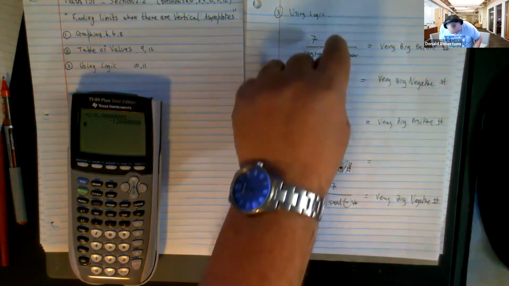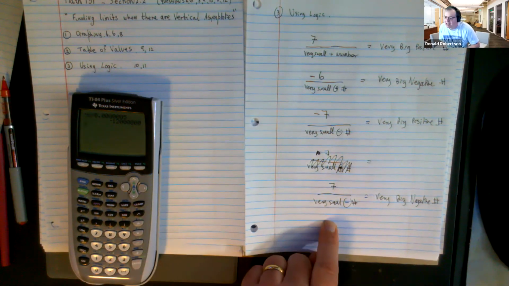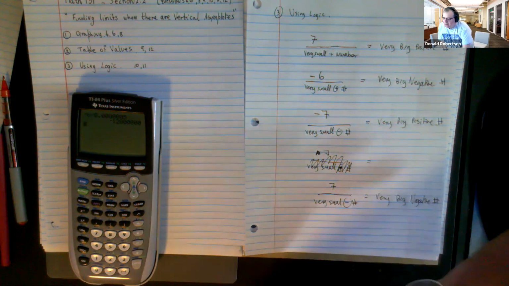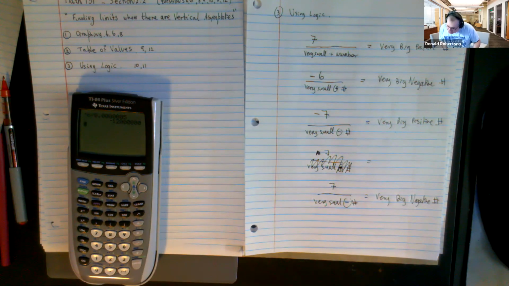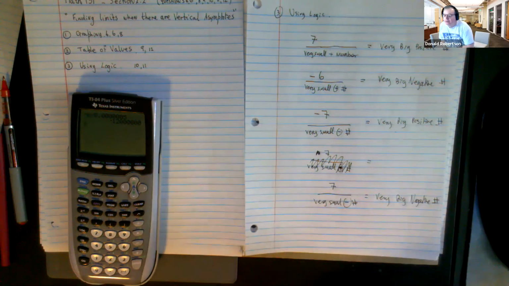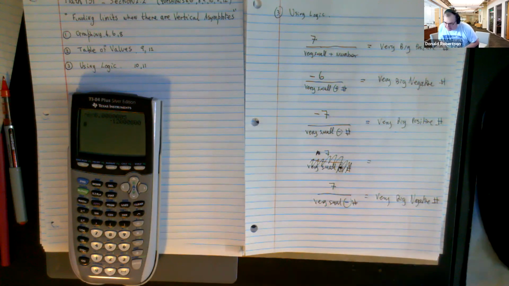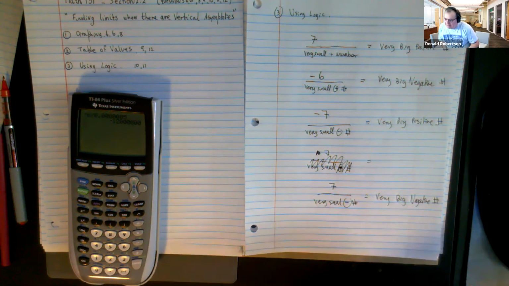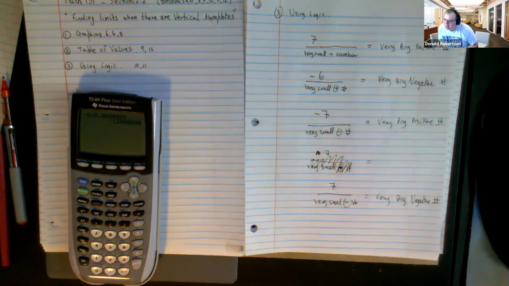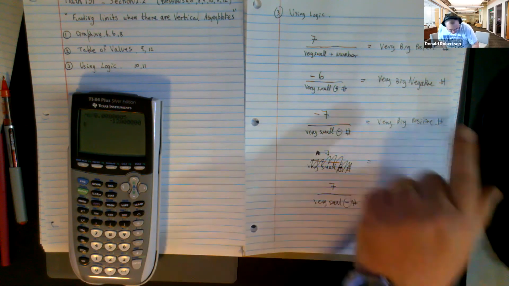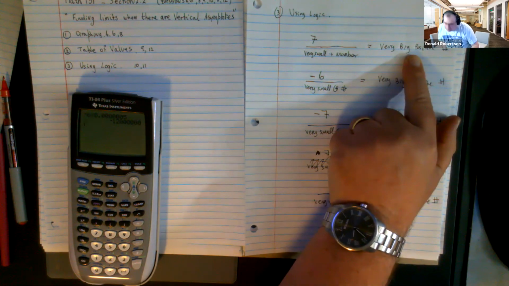Have you noticed that every single one of these situations generates a big number? Sometimes a big positive number, sometimes a big negative number, but always very big. Now, I want you to think the word big and think infinity. So what you're going to get is, instead of a very big positive number, think of what's the biggest positive number you can think of.